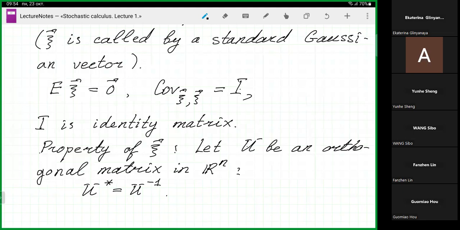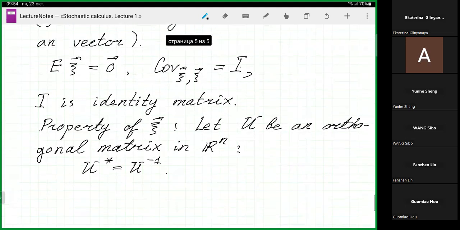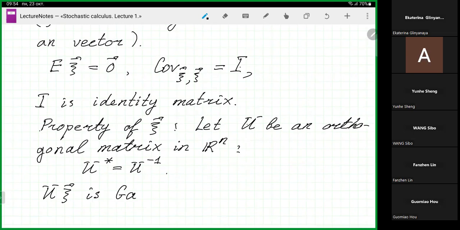Okay. So if we have such a matrix, then consider the new vector, U psi. It is a Gaussian vector. You remember, if we take a linear combination, we again have a Gaussian family, a Gaussian vector.